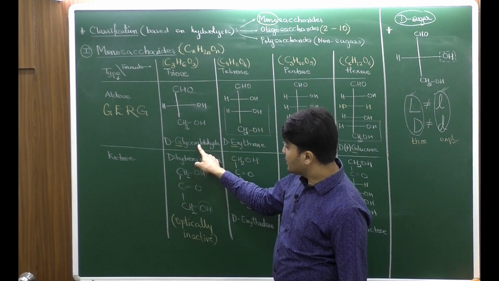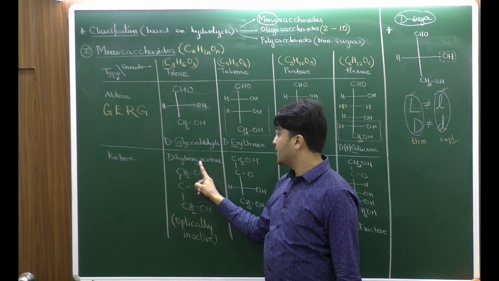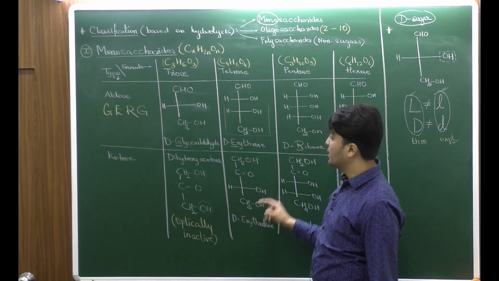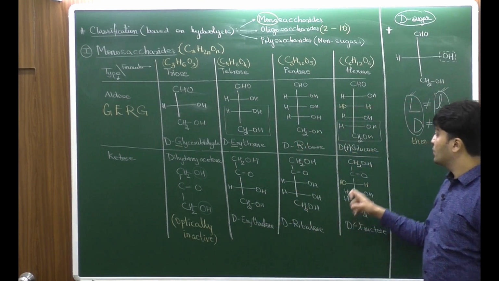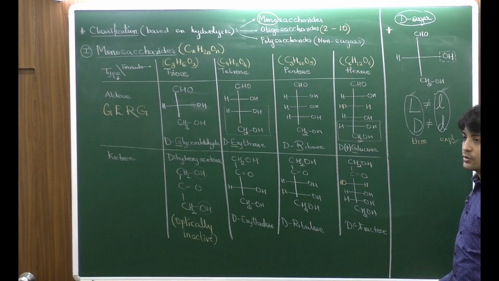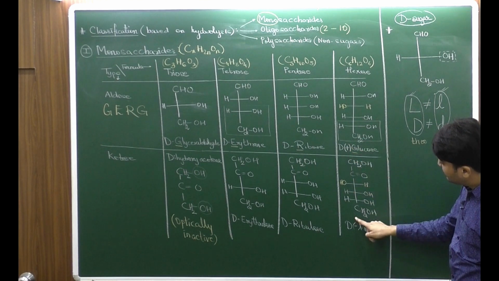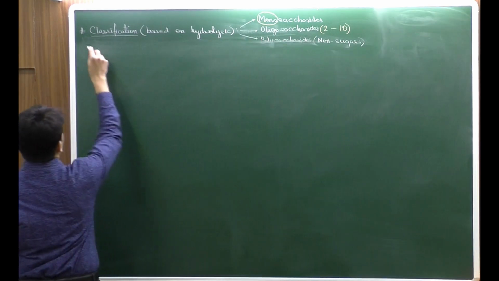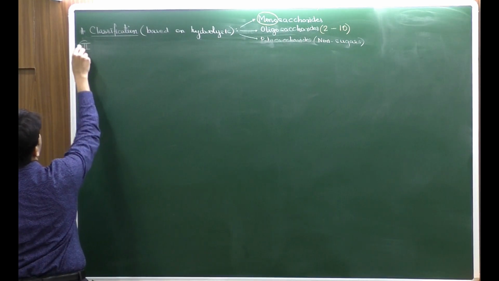So glyceraldehyde you remember with dihydroxyacetone, erythrose, erythrulose, ribose, ribulose and opposite glucose fructose, with the concept of plus here and minus here. Is this clear?